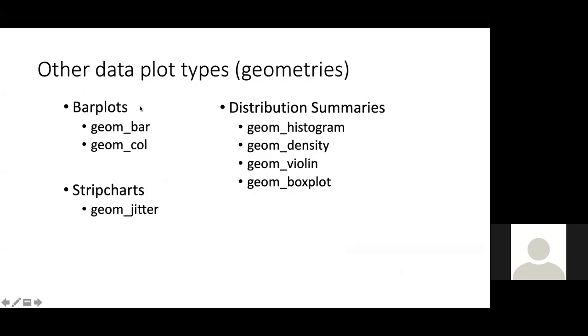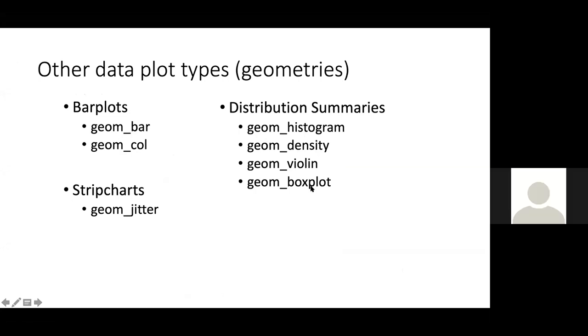And there are a number of other types of geometries, which are called plot types, that we mentioned also. geom_bar or geom_col that you can use, and then geom_histogram, density, violin, and box plots, and a number of them you can find in ggplot functions.